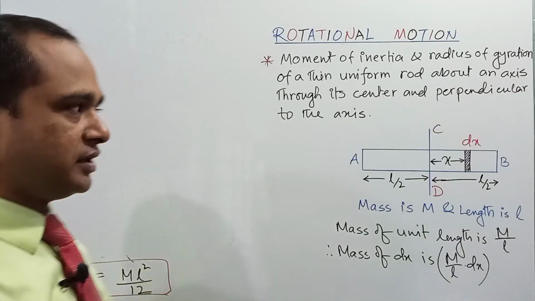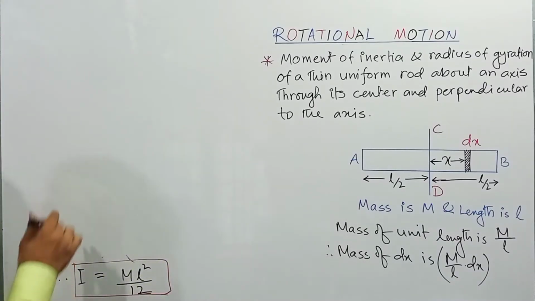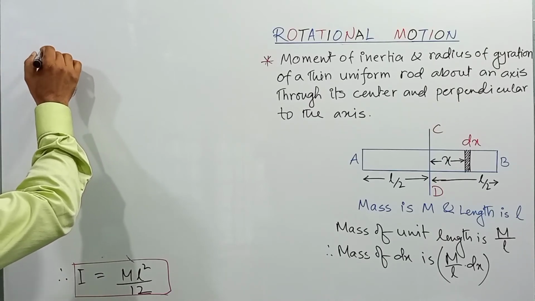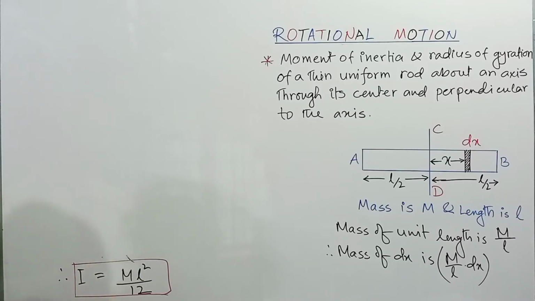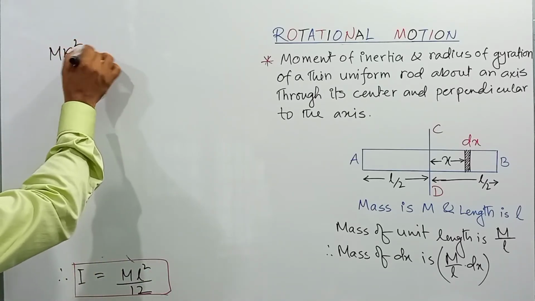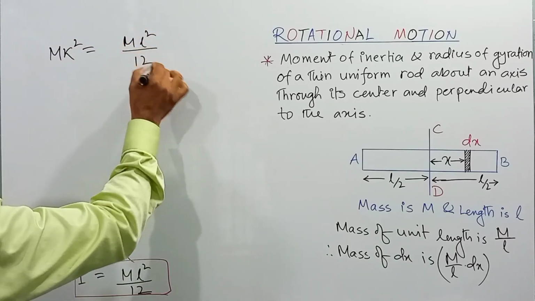Okay. Now, if the radius of gyration of the rod with respect to the axis CD is denoted by k, then according to the definition of radius of gyration, m k square is equal to m L square divided by 12.